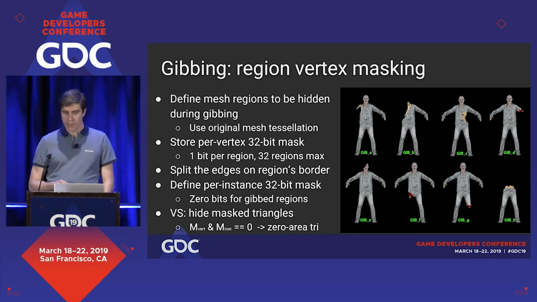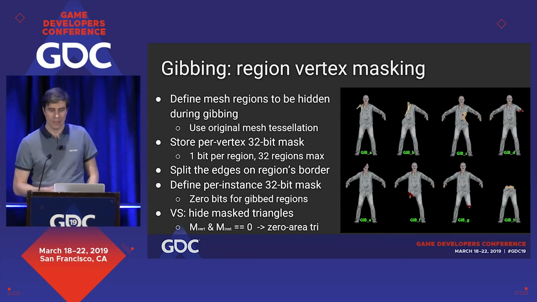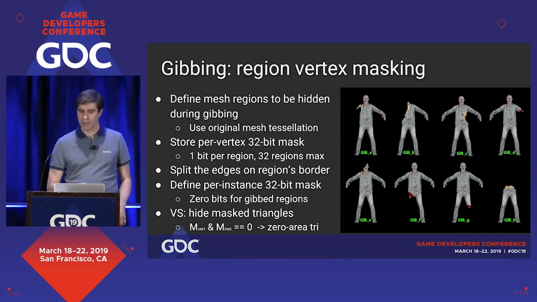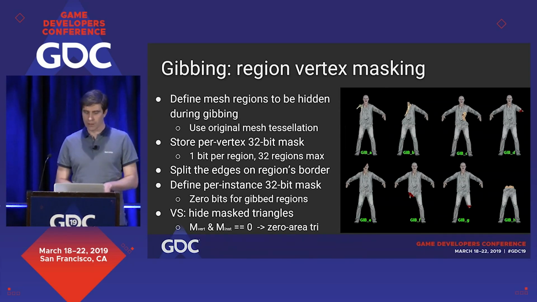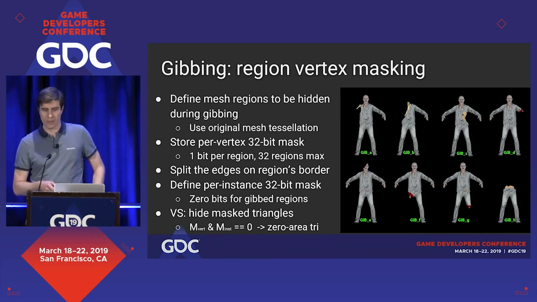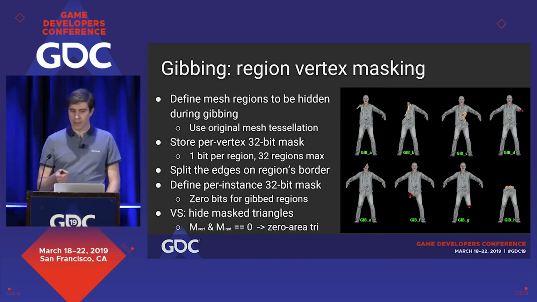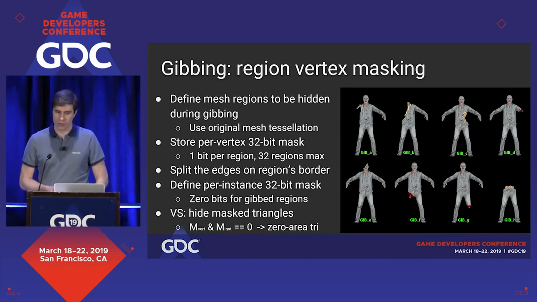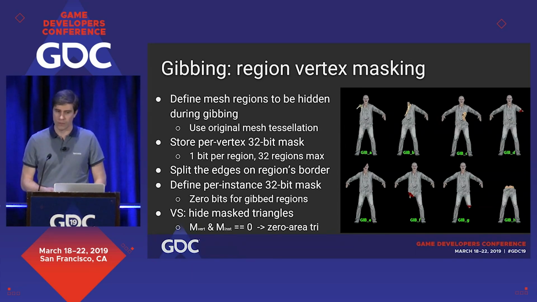Each mask is 1 bit, 32 regions max per character, and we have to split vertices on edges that share different regions, and we duplicate vertices there. And then in runtime, all we need to do is apply one 32-bit mask, and from there we can determine which regions are hidden, which regions are visible.